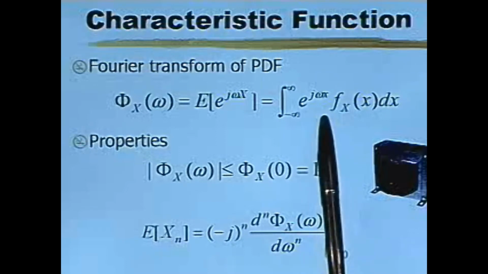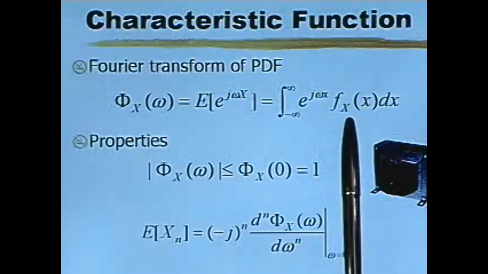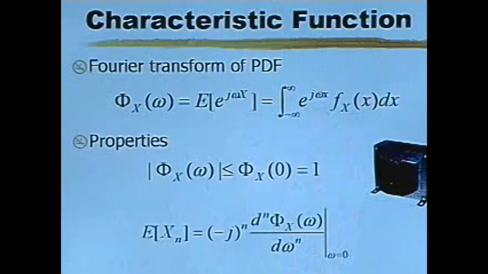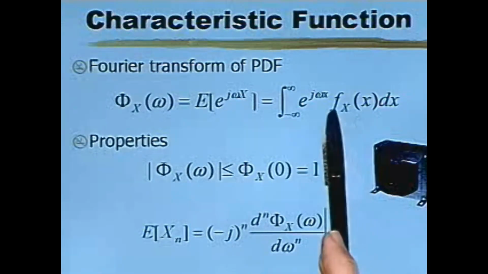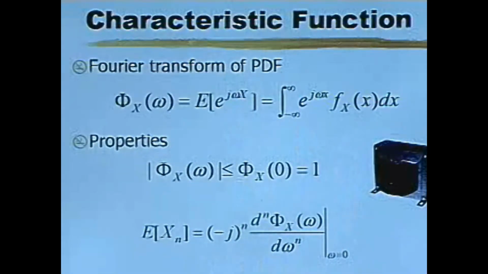The only difference is it's a Fourier transform of the probability density function, except that instead of a minus j, we have a j. You're probably used to e to the minus j omega t in terms of Fourier transforms. We simply have a j omega x here. You can use all your old Fourier transform tables for e to the minus j omega t, except everywhere you see a minus omega, now you stick a plus omega, and you're okay in your transforms. So the Fourier transform of the probability density function is referred to as the characteristic function of the underlying random variable.